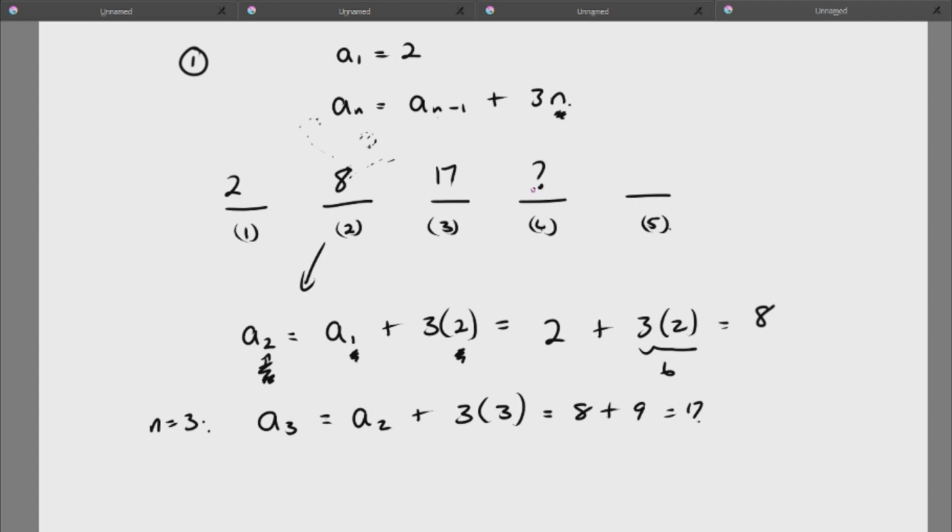Can we use the recursive formula to find what is next? What is in position 4? Now it takes like 30 seconds because not everyone does it equally fast. So I will let you know when I want an answer.